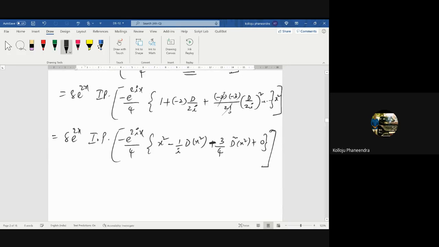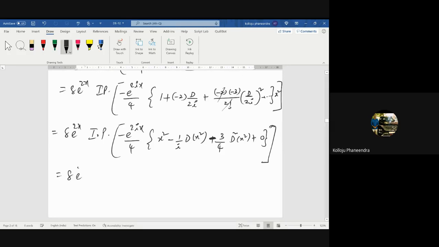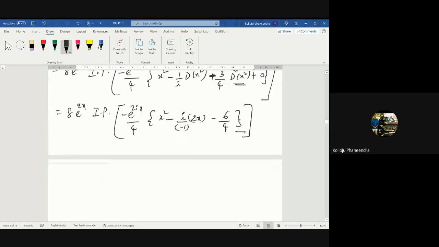Bracket closed. This is equal to 8 into e to the power of 2x, imaginary part of e to the power of 2ix by 4, times x square, minus 1 by i, that is 2x, minus 6 by 4. Isn't it right? D square of x square is 2, giving 6 by 4.